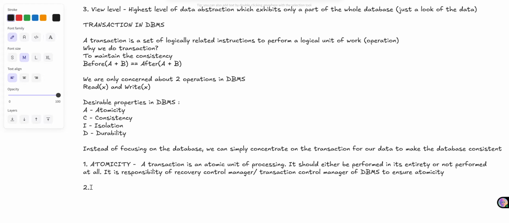So what is isolation? A transaction should appear as though it is being executed in isolation from other transactions. It should not depend on other transactions; other transactions must not affect the currently running transaction.